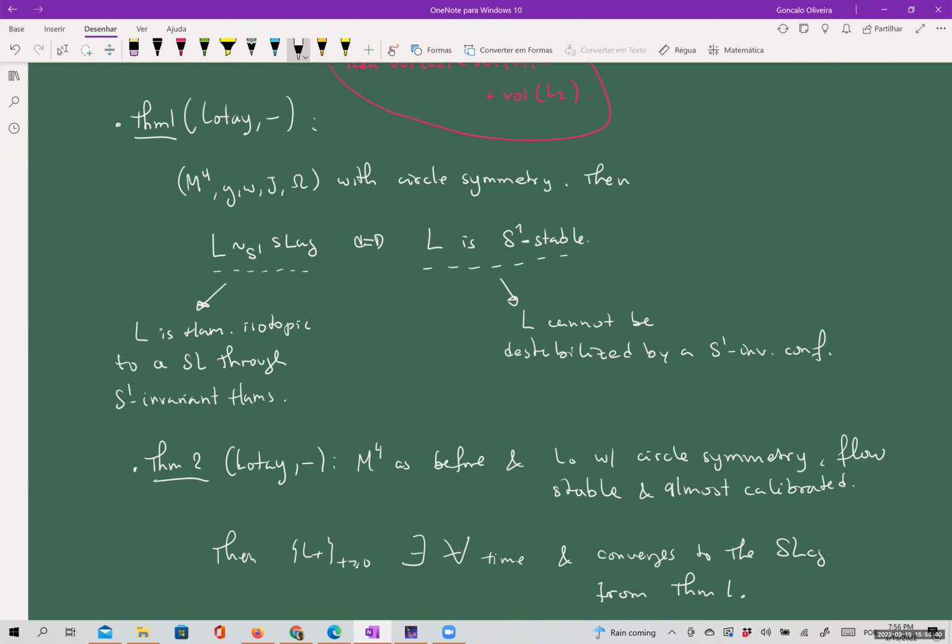Okay, so M4 is not compact, right? No, it's not compact. That's right. But the L's are the Lagrangians. The Lagrangians are compact, but M4 is always non-compact. There is no compact example of this. Okay, I see.